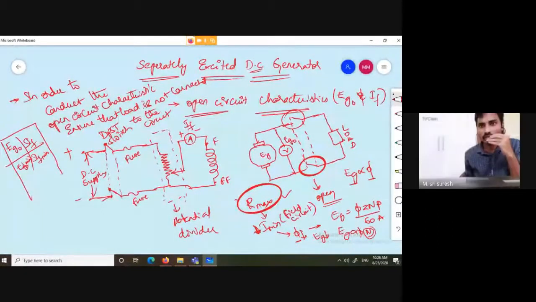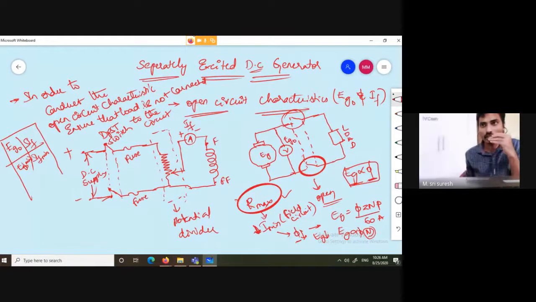Suppose the potential divider is at the maximum resistance position, which means the current flow through the field circuit is minimum according to Ohm's law. If the current is minimum, flux is also minimum. According to the EMF equation of a DC generator, EG is directly proportional to phi.